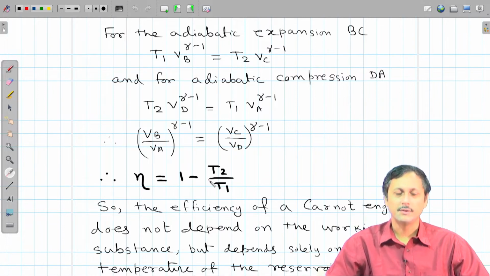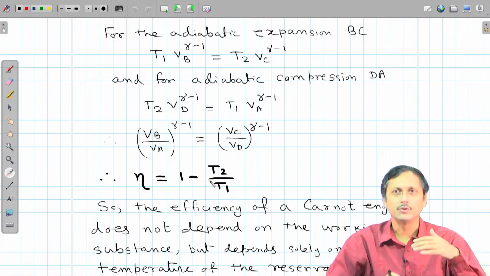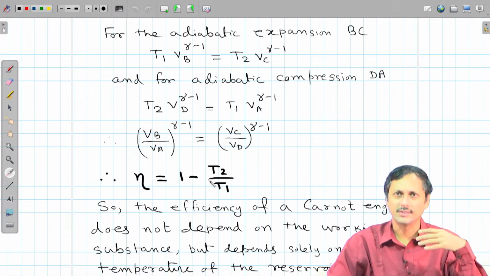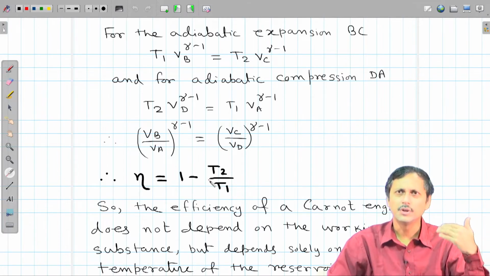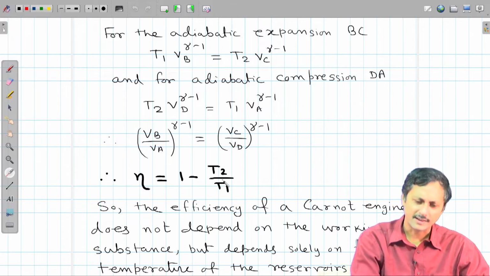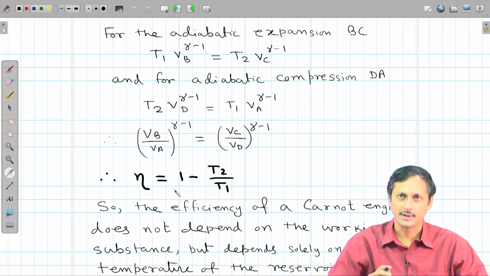In order to increase the efficiency of a given Carnot engine, where the engine is fixed, we have to change the temperature of the source or the sink. Either we increase the temperature of the source or we reduce the temperature of the sink. There is another limit, when T1 goes to infinity, the efficiency also goes to 1, which is the maximum possible value for an engine.